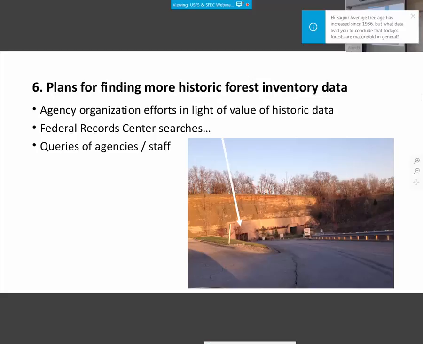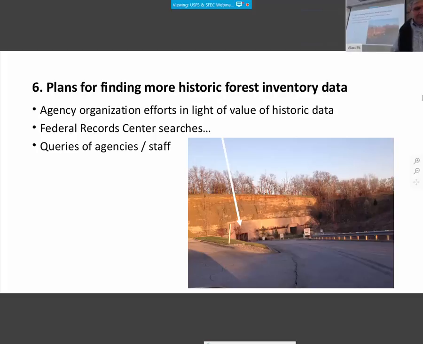One more question. Average tree age has increased since 1936, but what data lead you to conclude that today's forests are mature or old in general? Just by the categories that we use. It's a good question in the sense of what's young and what's old, and you really have a choice of ages or sizes to go with.